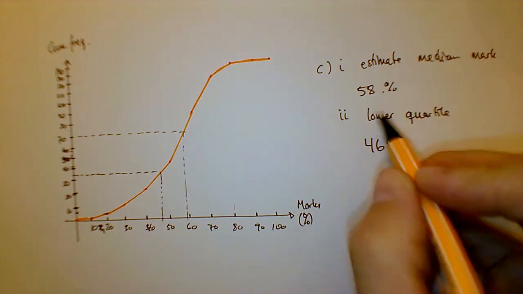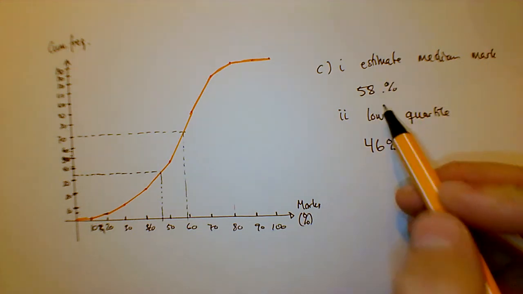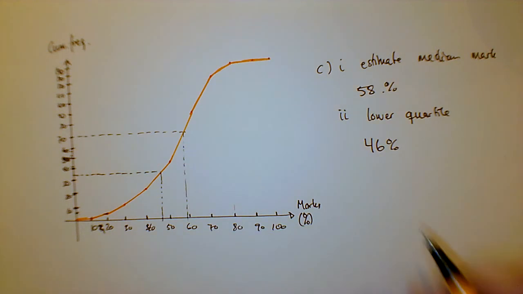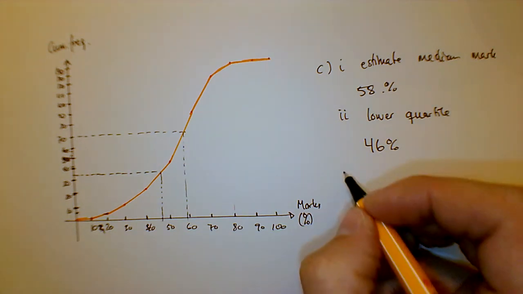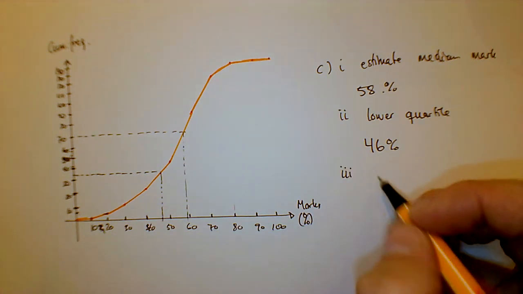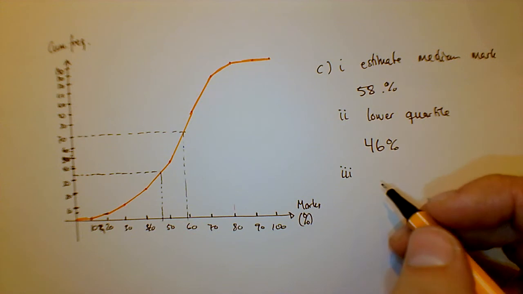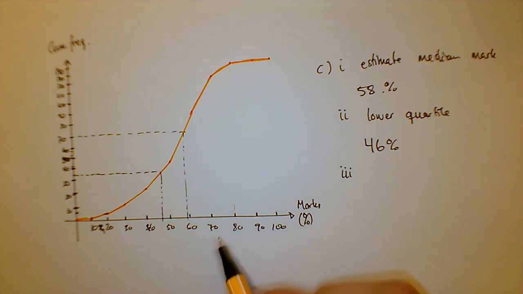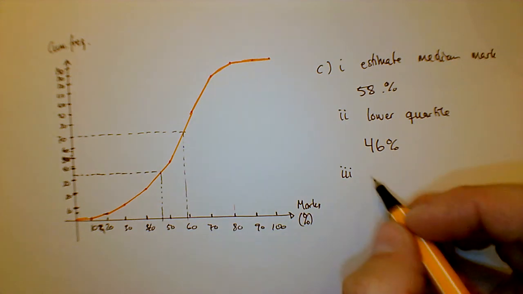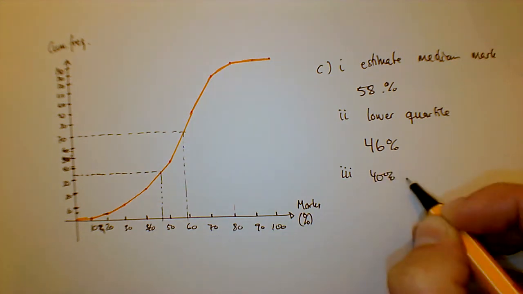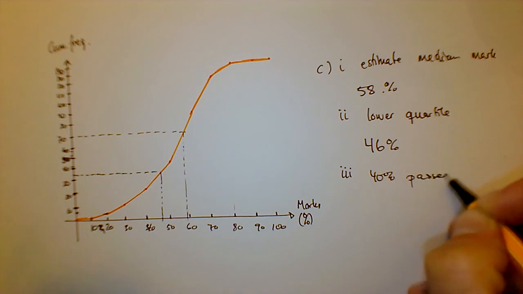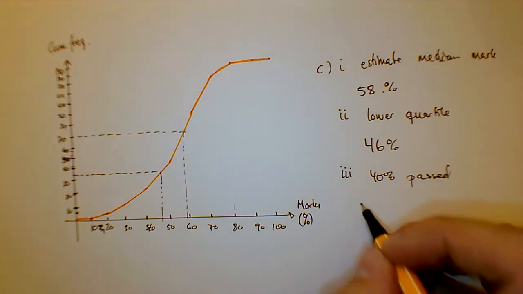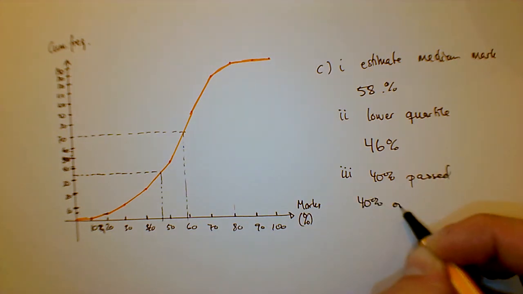Then for 3, we are to figure out what the pass mark is, if 40% of the candidates passed. So that's 40% out of 140, because that was 140.